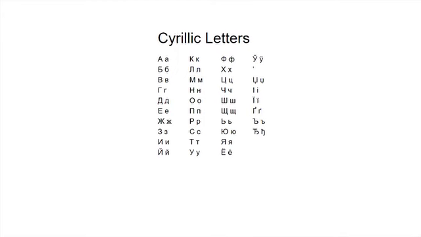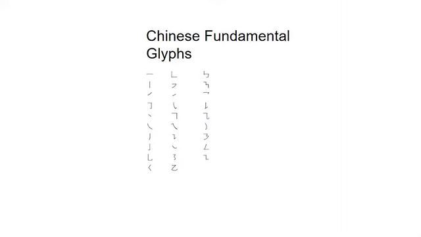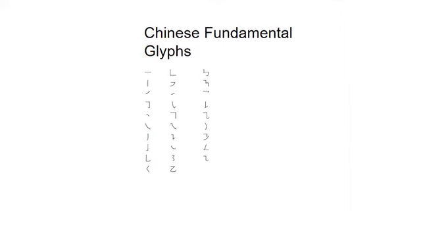Also Cyrillic for writers of Russian and Ukrainian, and even Chinese traditional characters can be reduced to a set of 29 basic glyphs, and traditional characters, all tens of thousands of characters, can be created from a combination of those glyphs, which can be produced using the KeeneyKursive menu system.